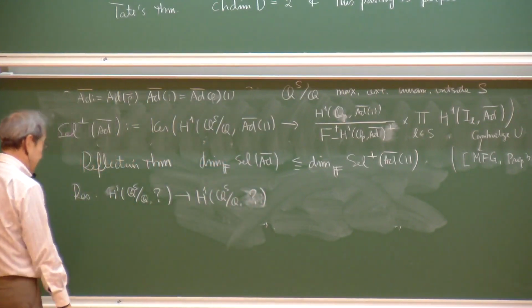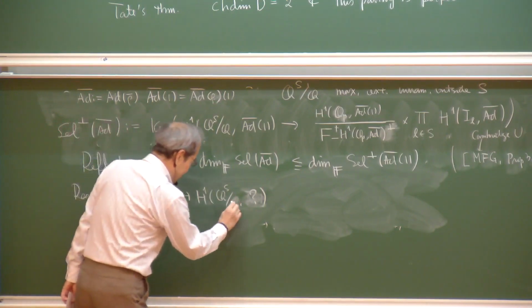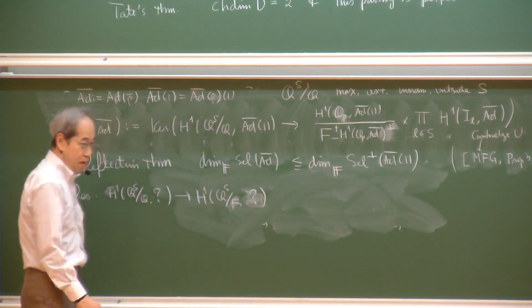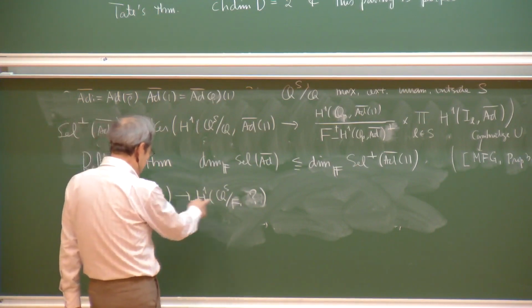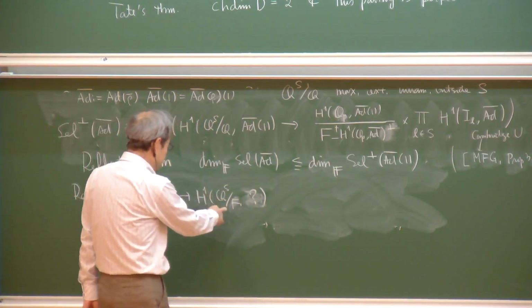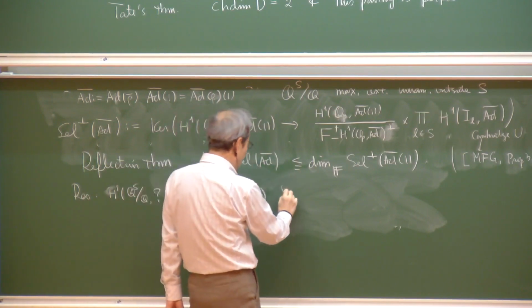Okay, so I want to shift over F. I'm sorry, a restriction map.